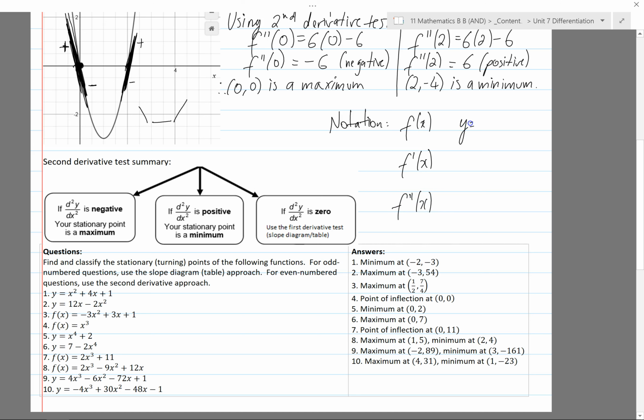If I've got y equals, I've got two choices. This can be y dash or y double dash. This can be dy dx or d squared y dx squared. All of them the same way. There it is. Good luck.